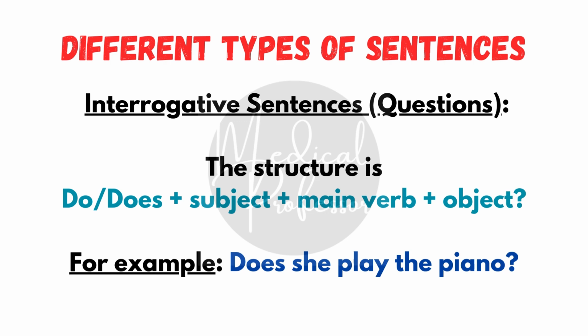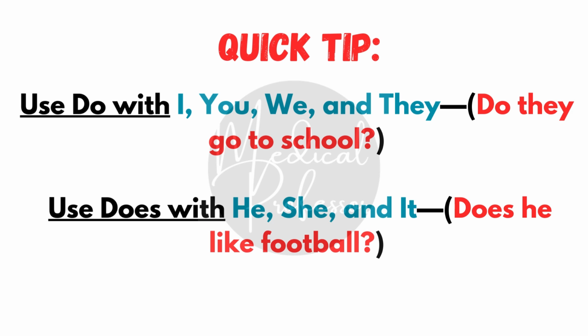For example, does she play the piano? Here's a quick tip. Use do with I, you, we, and they. For example, do they go to the school? And use does with he, she, and it. For example, does he like football?